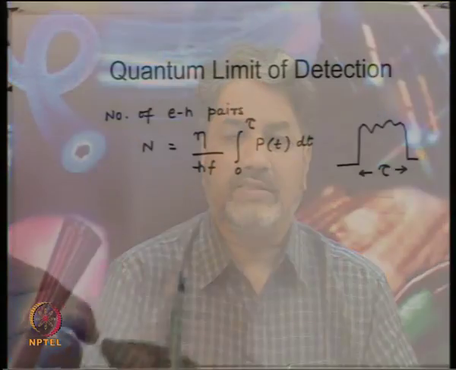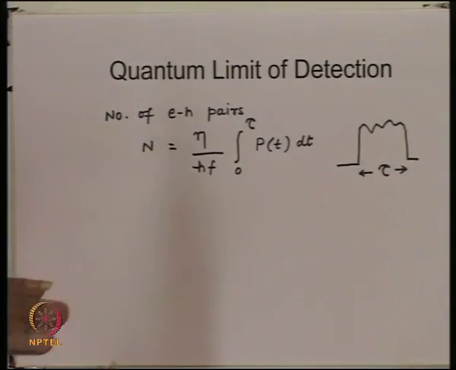So, now one can ask a question: if on average n photons were supposed to be received by the detector, what is the probability that not even a single photon is detected by the receiver? Because if that happens, as we said, there will be bit error in detection of the bit 1.